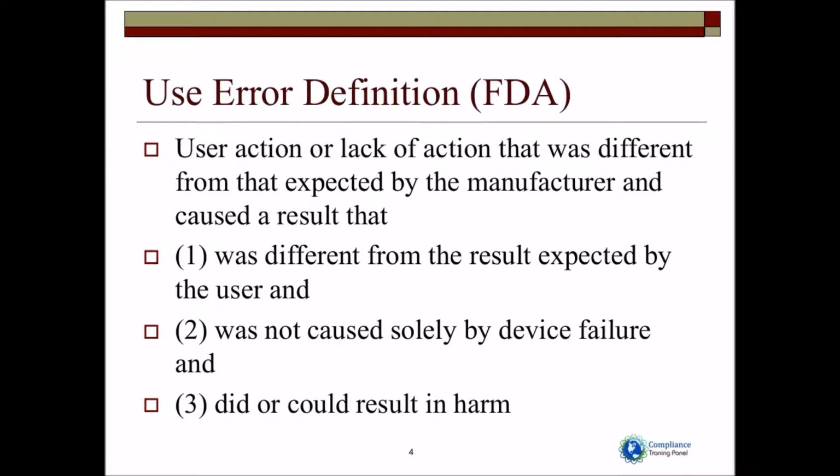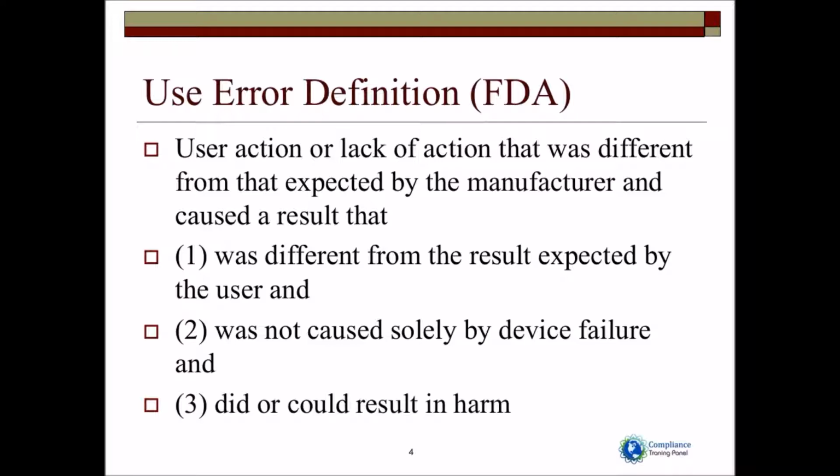The definition of a use error is the user action or lack of action that was different from that expected by the manufacturer and caused a result that was different from the result expected by the user, and was not caused solely by device failure. So the person can operate the device what he thinks is correctly and still have a problem.